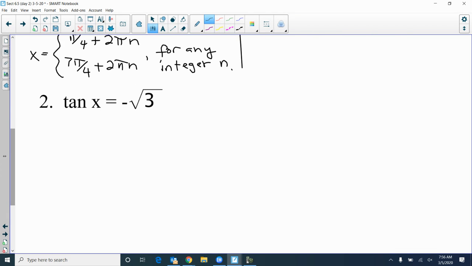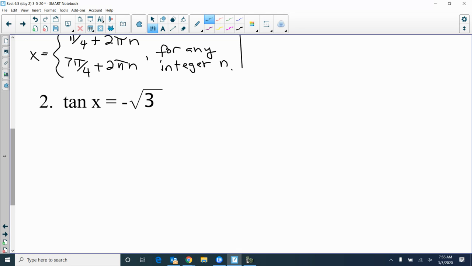All right, tangent of x equals negative square root of 3. I want you to go ahead and, if you need to use your calculator, you can. There's nothing against that at this point. You can figure it out just by walking through it, that's fine. This is one of the cases where you're not as familiar with tangent as sine and cosine, so you might want to just set up the two main cases because it's either going to be a 30 or 60 degree reference angle.